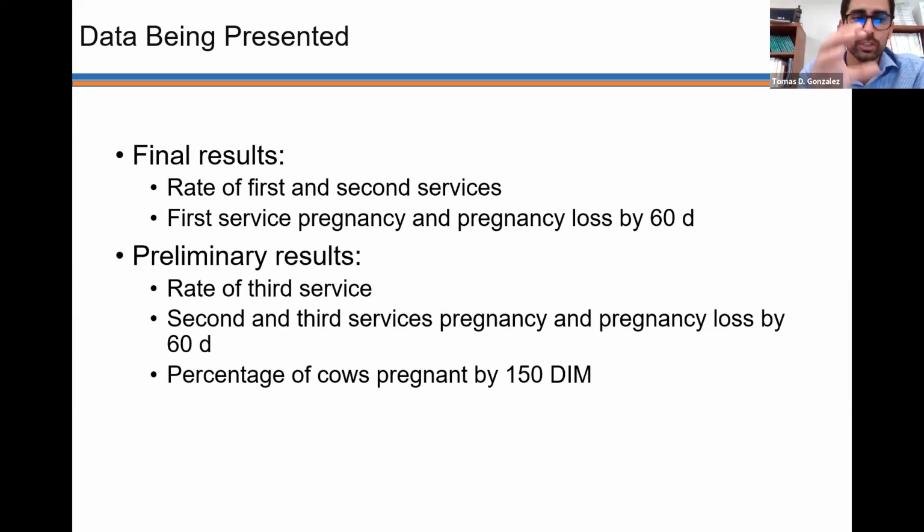The project is still running. The final results we have so far are for the first service, the second service, and pregnancy losses by 60 days. The preliminary results we're going to show today are for the third service, second and third service pregnancy, pregnancy loss by 60 days, and the percentage of cows pregnant at 150 days in milk.